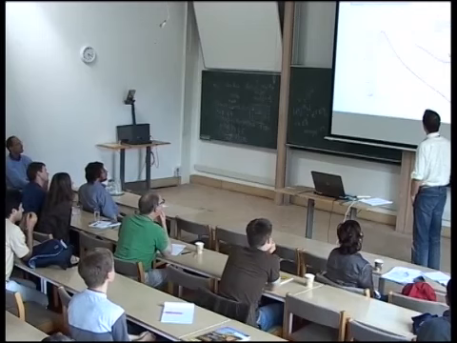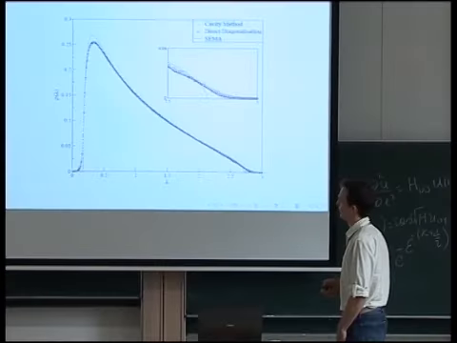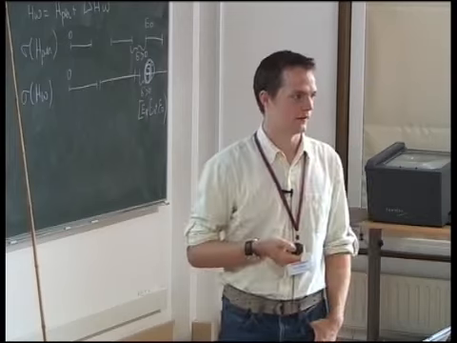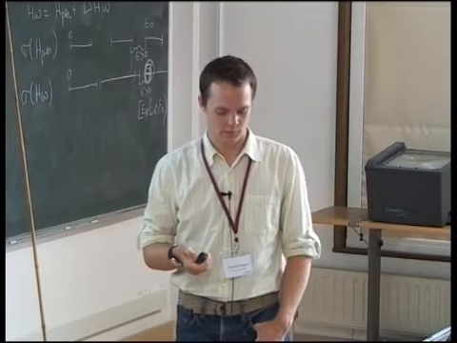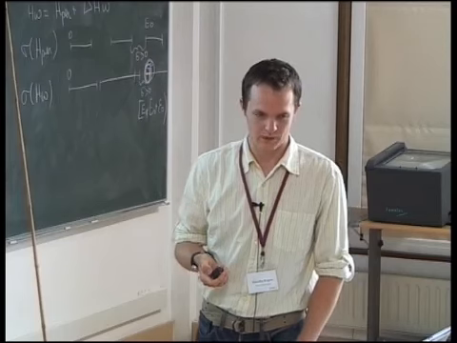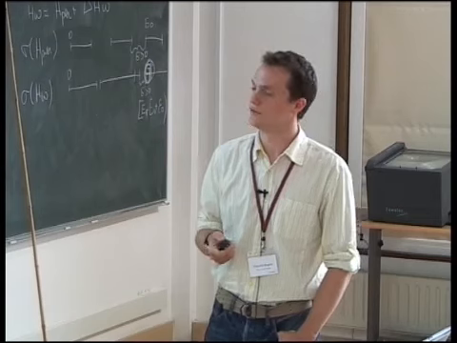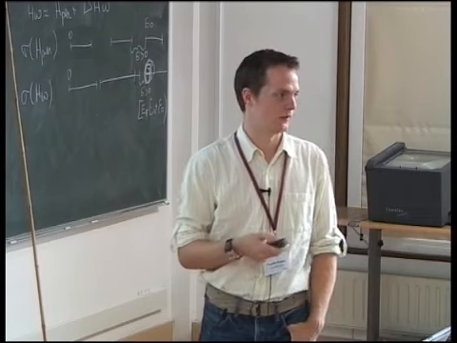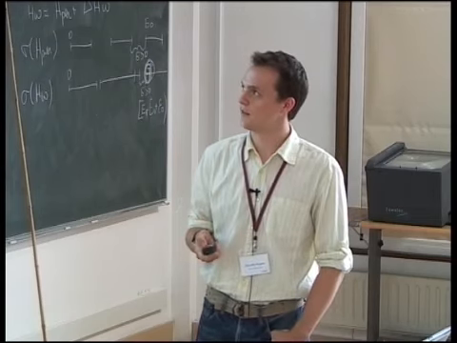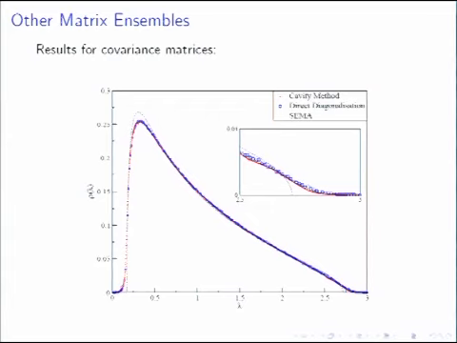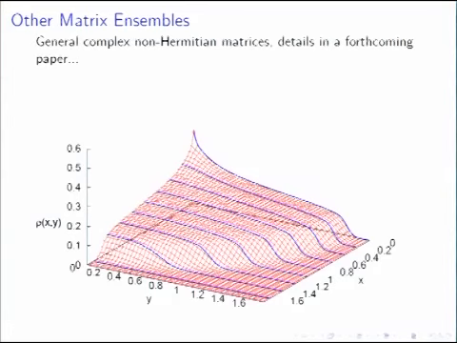And finally, I've only really spoken in this talk about symmetric real matrices. In principle, there's no reason why we can't apply the cavity method elsewhere. In fact, we have done this for general sparse complex non-Hermitian matrices. So their eigenvalues invade the complex plane, and you have a density over the whole plane, looking like this.